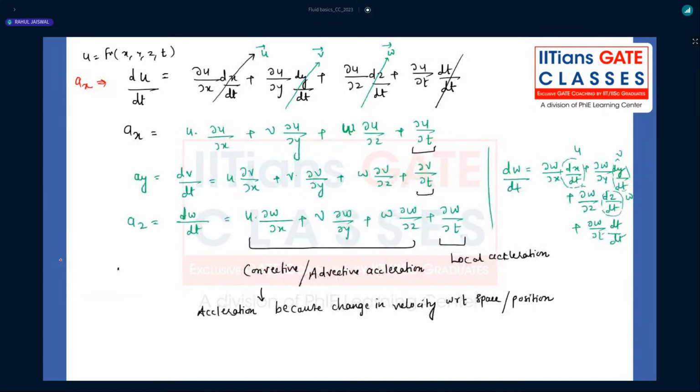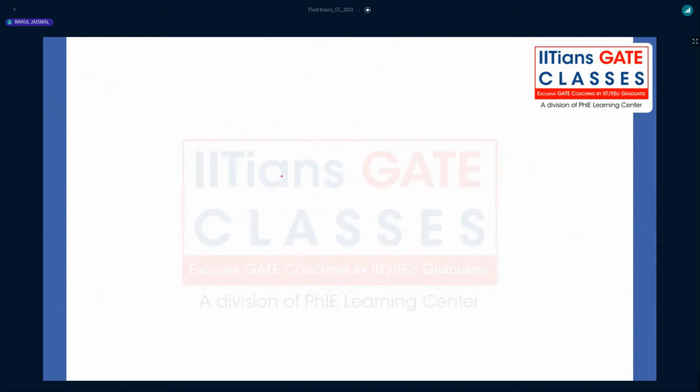Now, once again, not only do we have to study in this particular format, we have to study in a vector format also, right? In a vector format, what can we write? Understand very carefully. Acceleration in the x direction, we are writing here, du by dt. What is this d by dt?